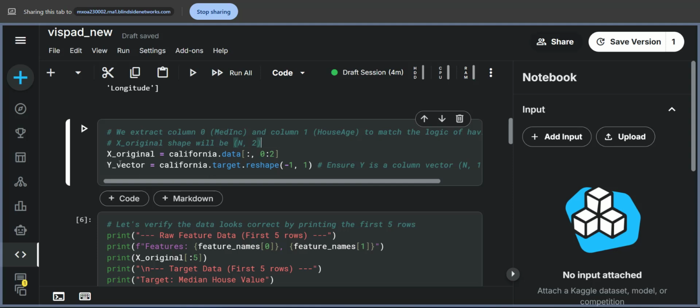Here you can see we have the targets. So this gives you access to the data sets without the target, I mean, that's the actual data. And then California.target gives you access to the whole line of targets.